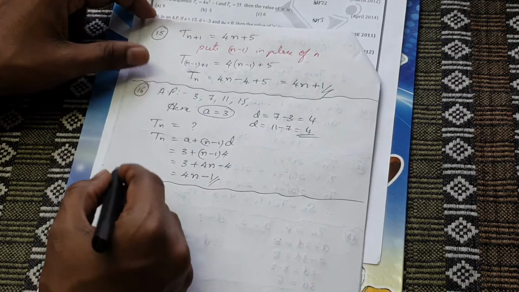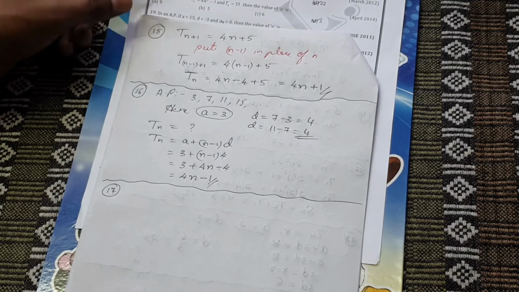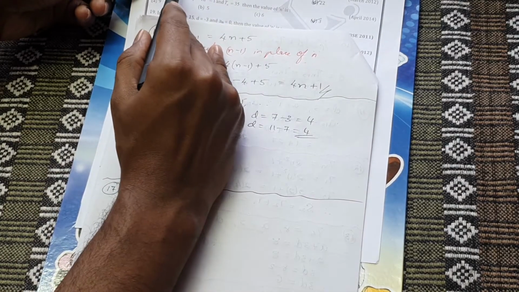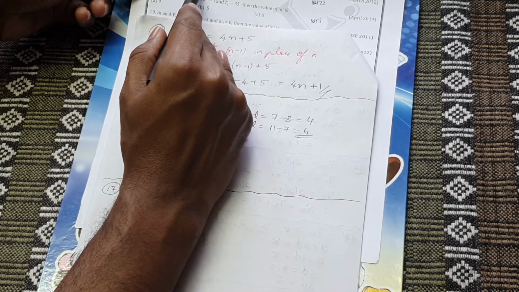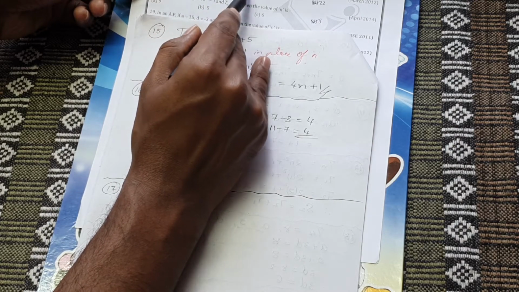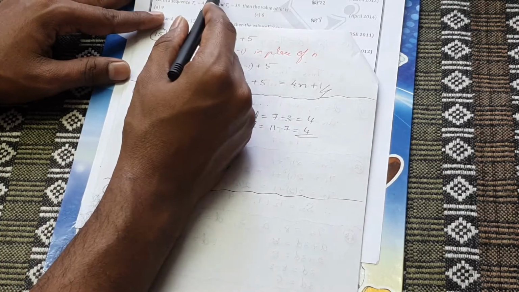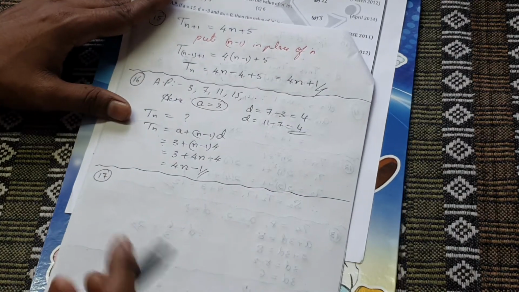Okay. Now next, 17th question. This is quite a different type of question. In an AP, if S3 is 35 and S4 is 22, then the fourth term is. S3 is given, S4 is given, find the fourth term.